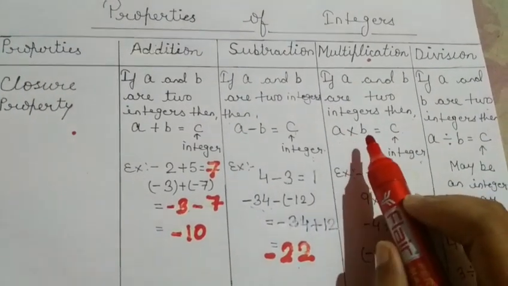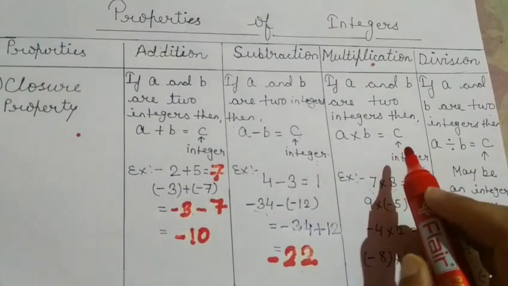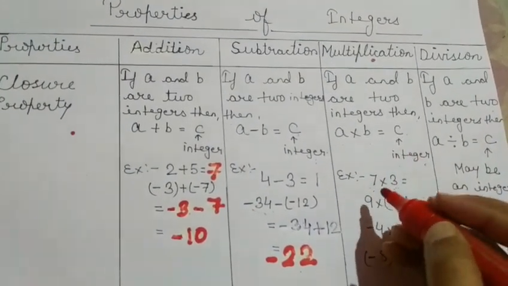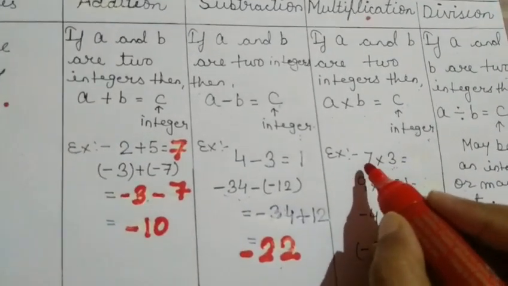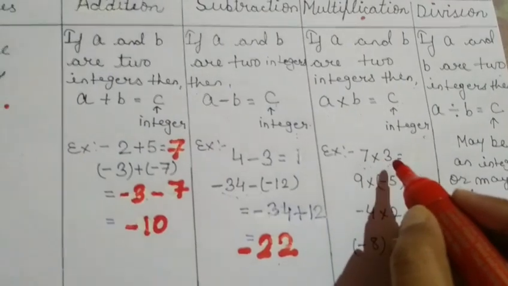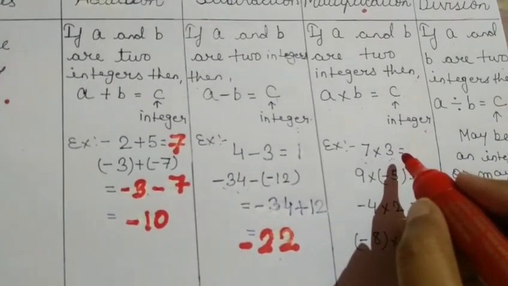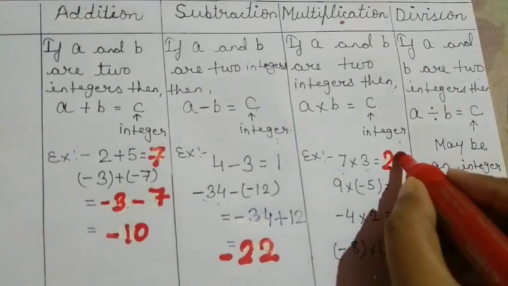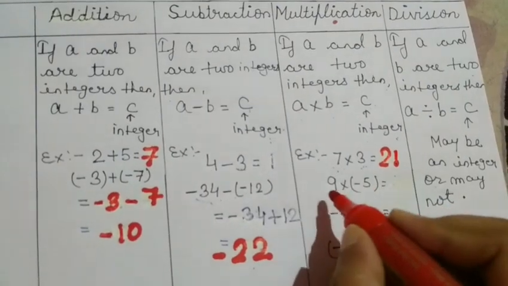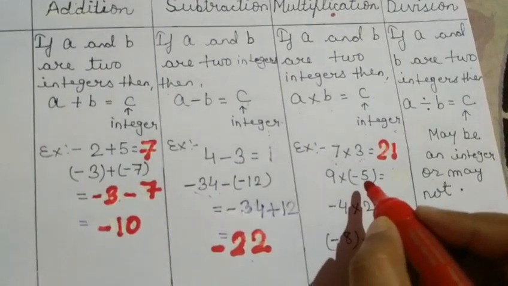Okay, product of two integers also an integer. We will check it by examples. So we take two numbers 7 and 3. Product of 7 and 3 is 21. Next, one integer is positive, other one is negative.